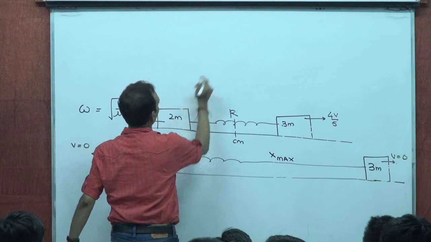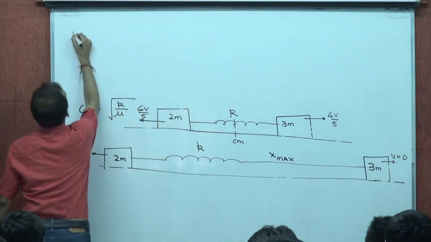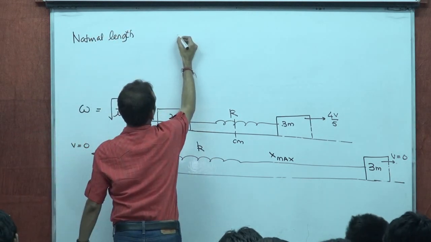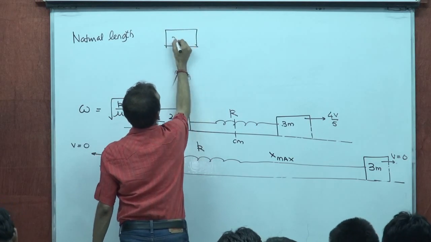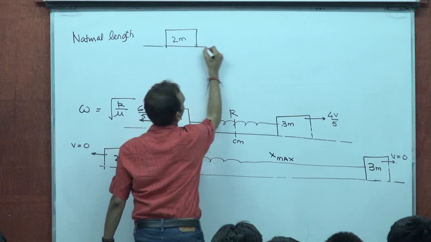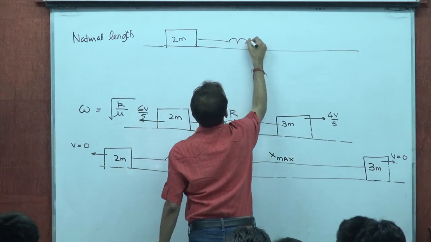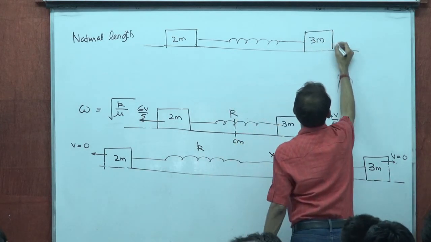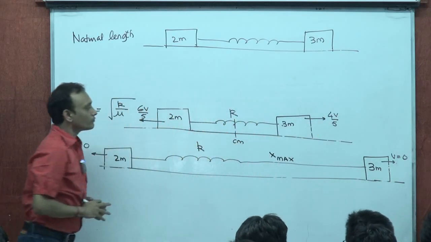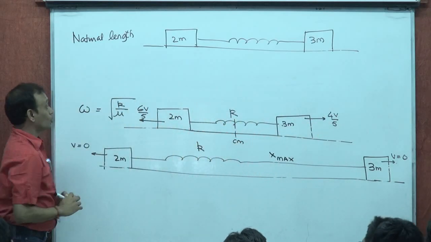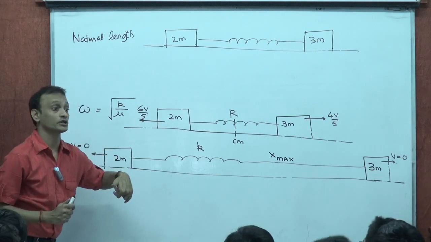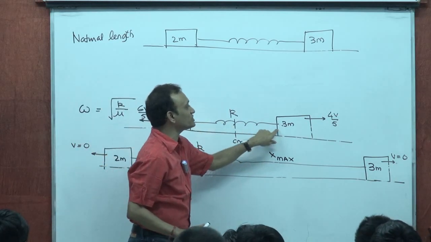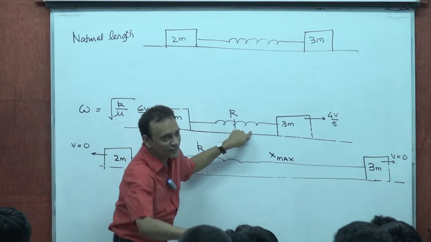So, when the spring comes back to its natural length, the velocity of this in the center of mass frame would be 6v by 5 to the right, and the velocity of this in the center of mass frame would be 4v by 5 to the left.